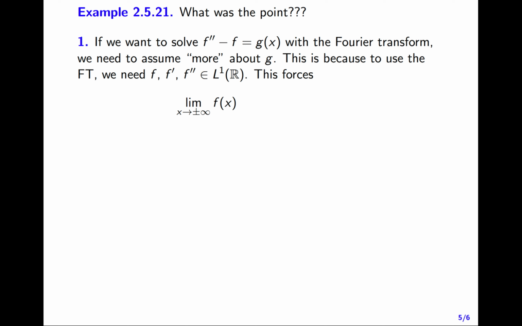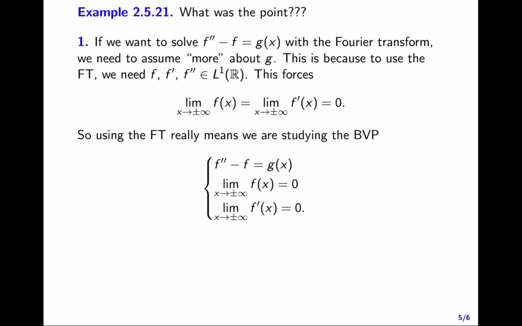You need the limit as x goes to plus or minus infinity of f, and the limit as x goes to plus or minus infinity of f prime, to be 0. And this is something that arose in our study of the Fourier transform and derivatives in the first place last week. So if you have a function that's differentiable, and that function and its derivatives are in L1, then the function has to vanish at infinity.